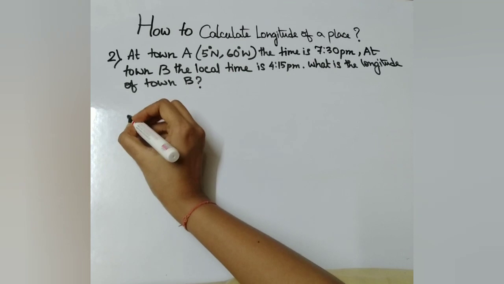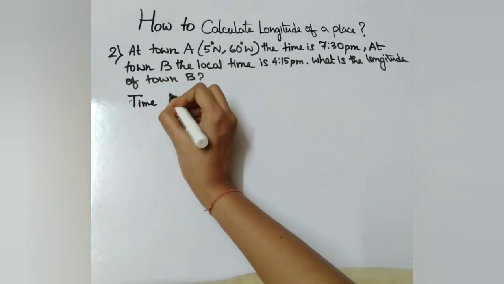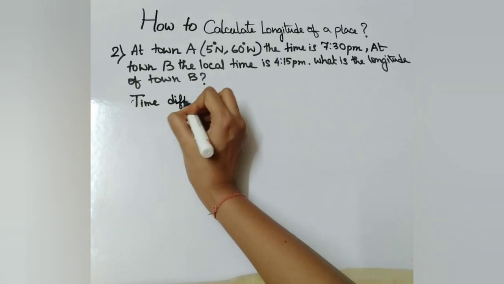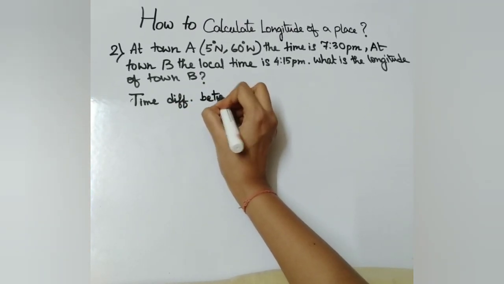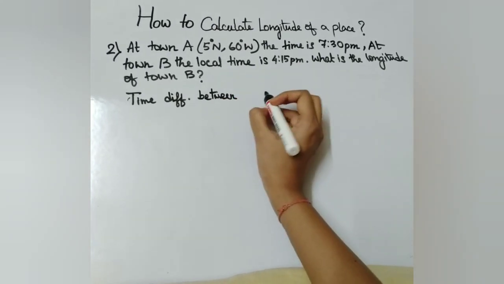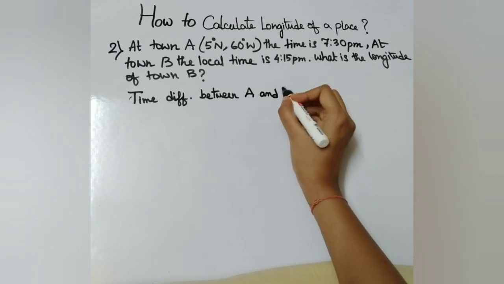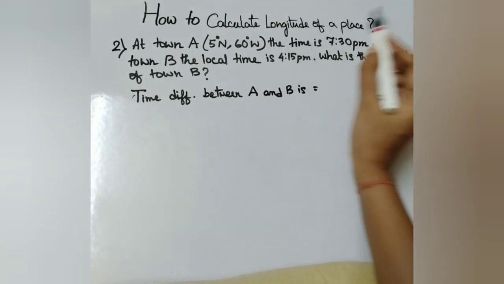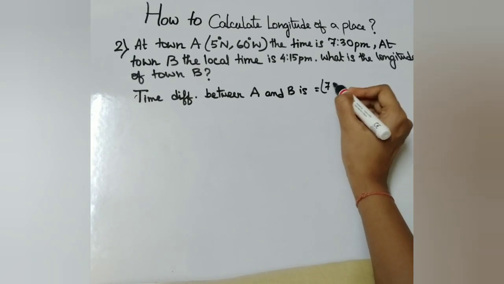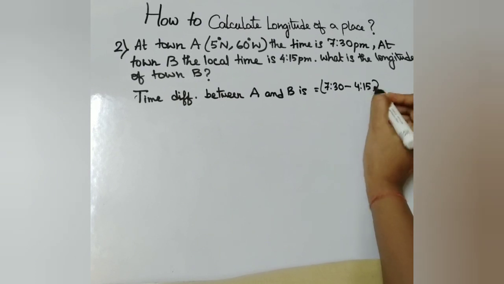Now the first line we know, that is the time difference between A and B. That is 7:30 p.m. and 4:15. That is 7:30 minus 4:15.